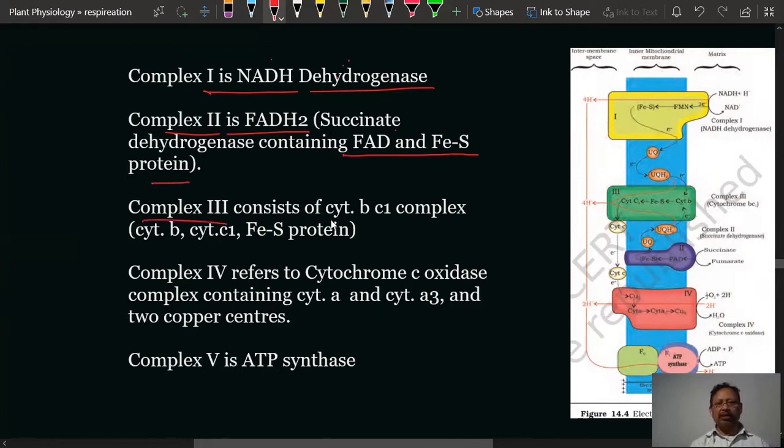Complex 3 is cytochrome BC1 complex that consists of cytochrome B, cytochrome C and iron sulfur protein. Complex 4 consists of cytochrome C oxidase and this contains cytochrome A, cytochrome A3 and 2 copper centers. Complex 5 is ATP synthase.